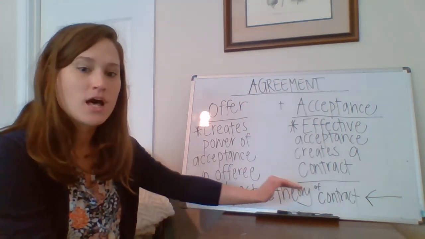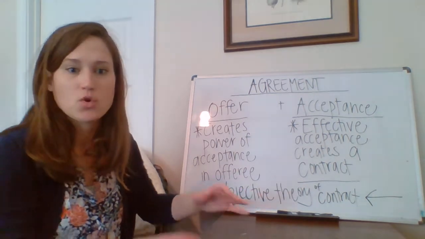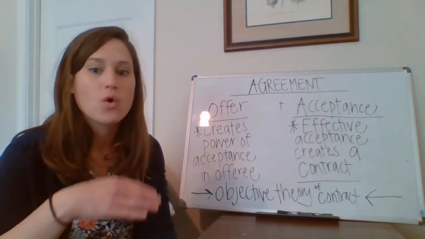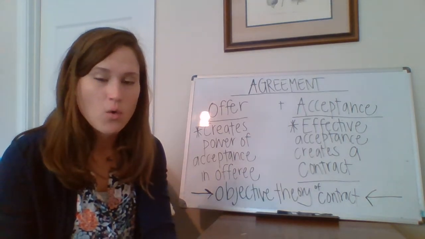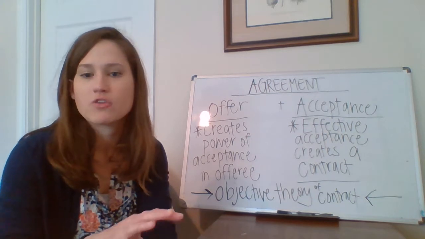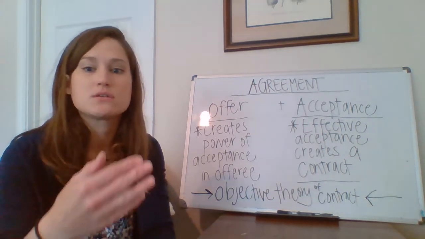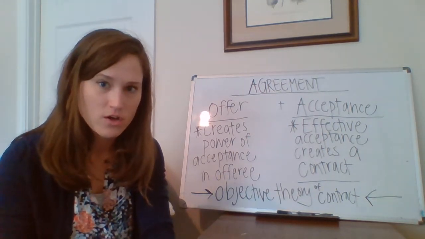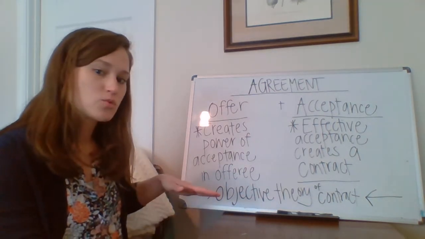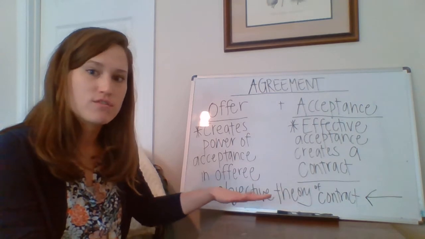And what that does is it basically says we are going to look at almost every aspect of a contract, including whether an agreement was formed. When we start talking a little bit more about contract terms and contract interpretation, we're still going to be using that objective theory of contract. But all these aspects of contract formation, they're sort of grounded in this objective theory of contract.